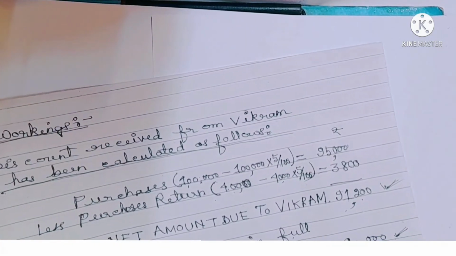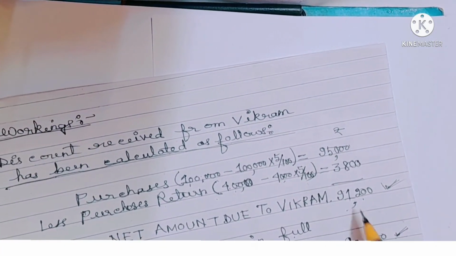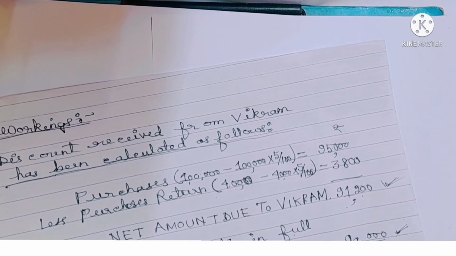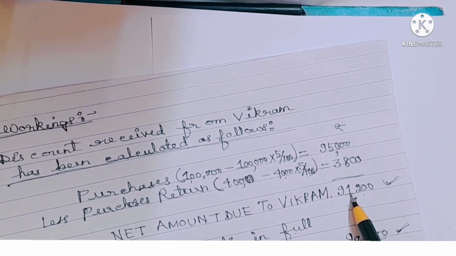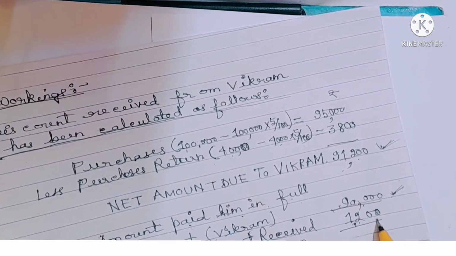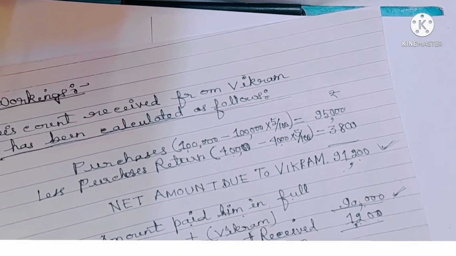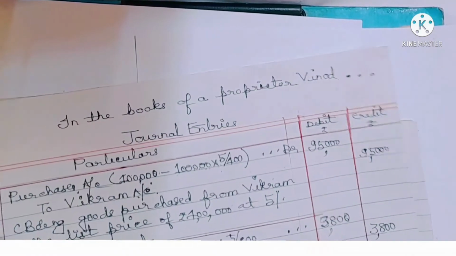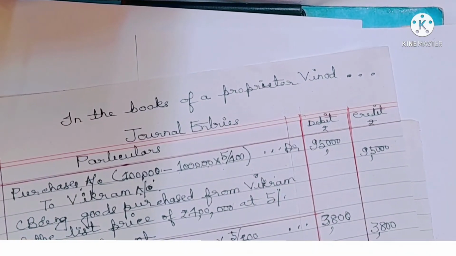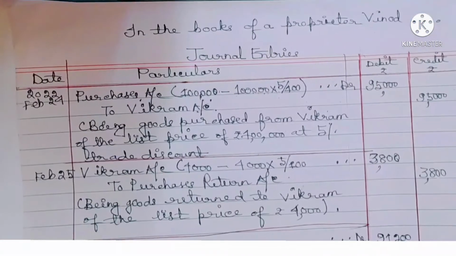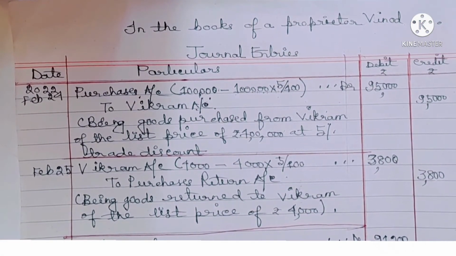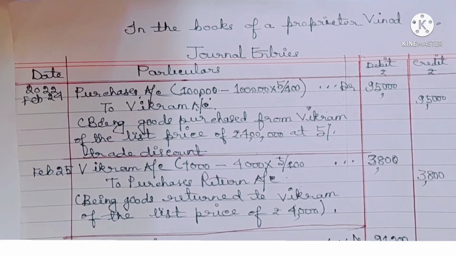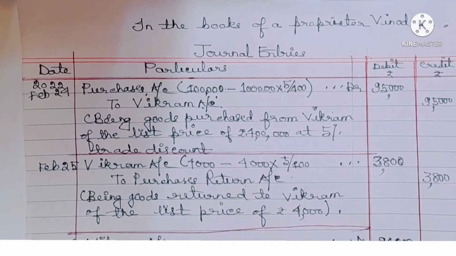Because we have received discount. After deducting 90,000 from 91,200, we got 1,200. This is discount received from Vikram. Discount received always comes on the credit side because it's a gain, and discount allowed always comes on the debit side because it's a loss.